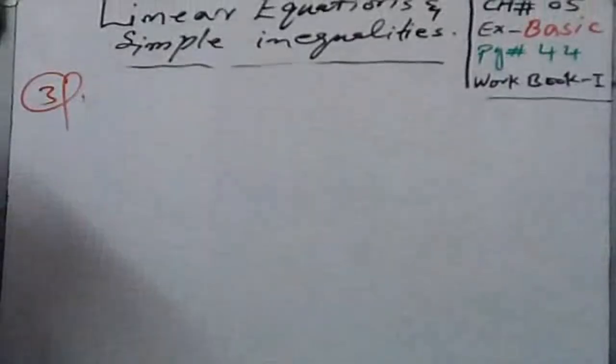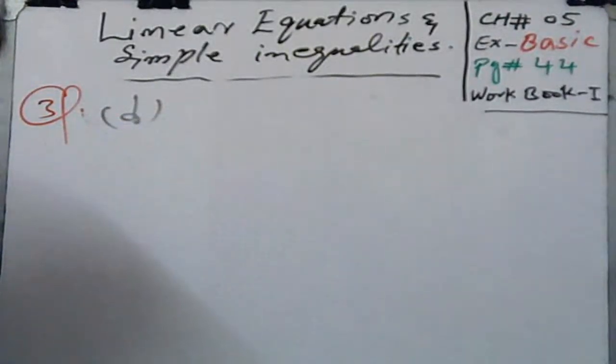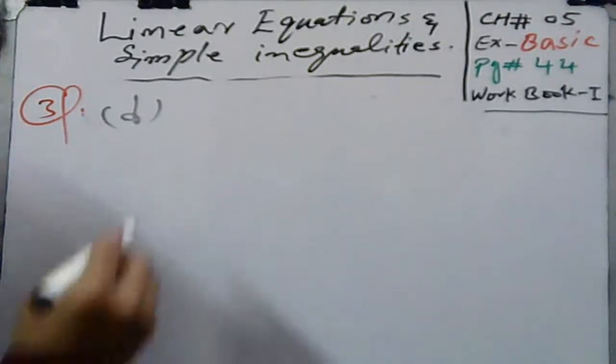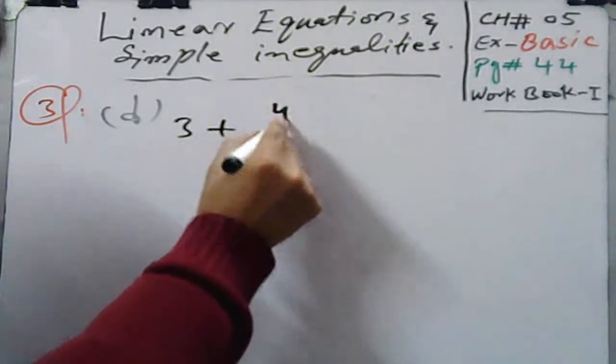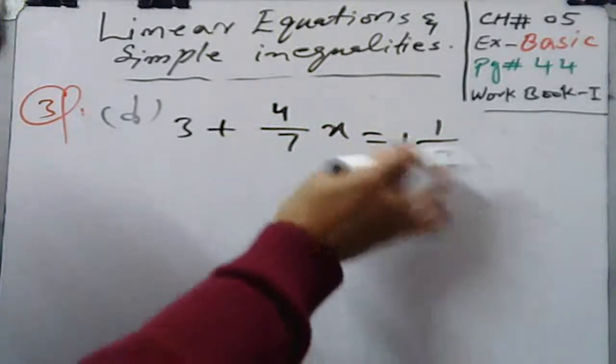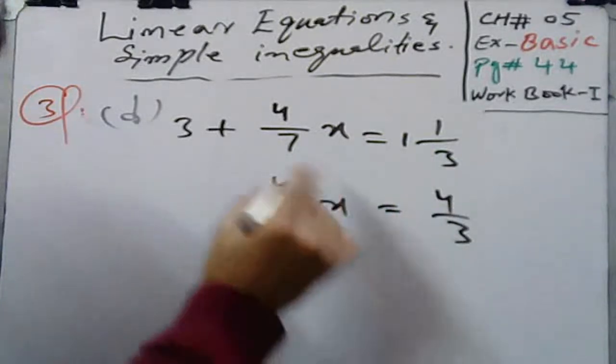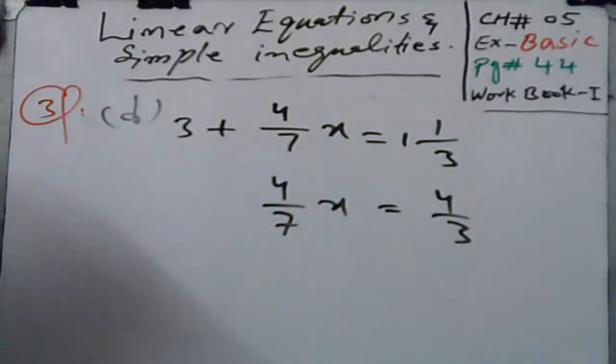So in D part, 3 plus 4 by 7x is equal to 1 whole 1 by 3. So remove the whole number, 3 ones are 3, 4 by 3, and the constant term should be shifted to the other side, that is 3, you will get minus 3.